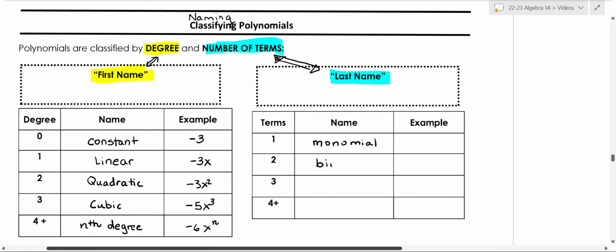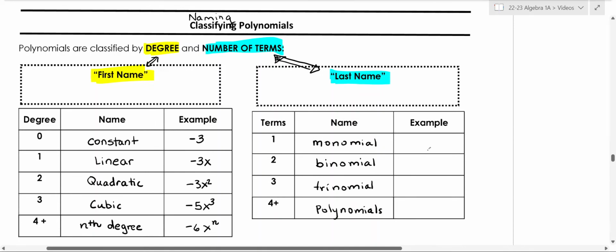Yes, binomial. And if your polynomial has 3 terms, then that means they came from the trinomials. And if your polynomial just has 4 or more terms, we can't be bothered. You're from the lesser known clan, so we just call you one of the polynomials.